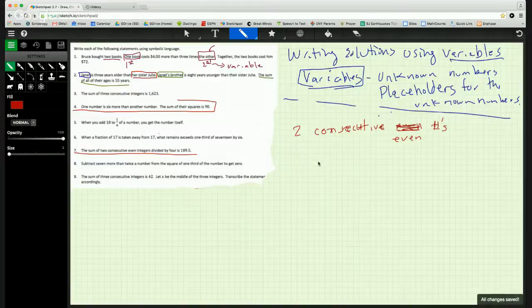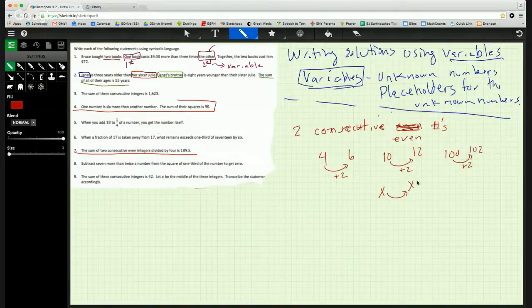Okay, so if I start with 4, to get to the next number, you'd say it's 6. That's plus 2. If I say 10, the next consecutive even number is what? 12, plus 2. So the way that you get to the next consecutive even number is you add 2. So if I have a number x and I want to go to the next even number, I have to add 2.